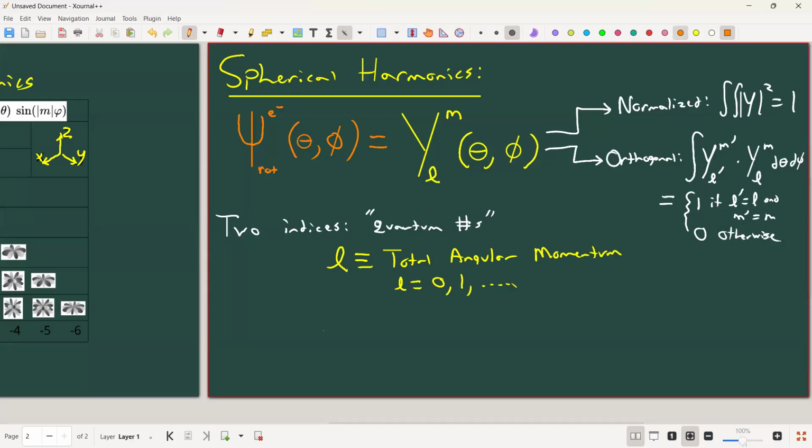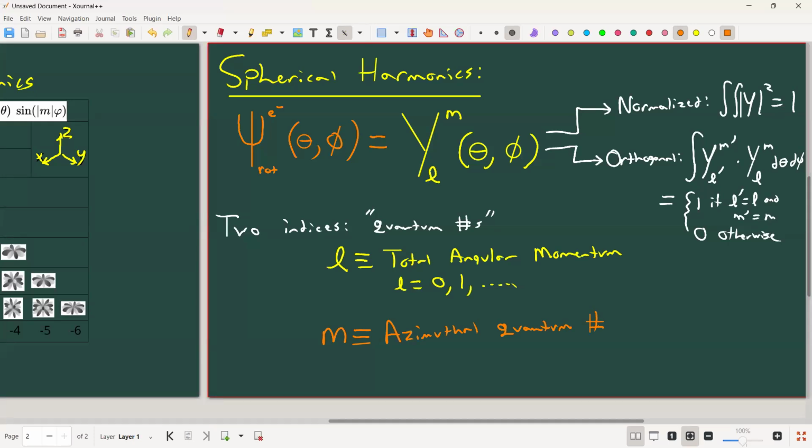And then there's M, which is called the azimuthal quantum number. You might not know what azimuth means. It's an old navigation term. Azimuth is this axis when you're a navigator looking at the stars. Of course there's XY, which is important, but when you're determining things from stellar coordinates, you've got to think about this direction of azimuth. So that's the Z axis.